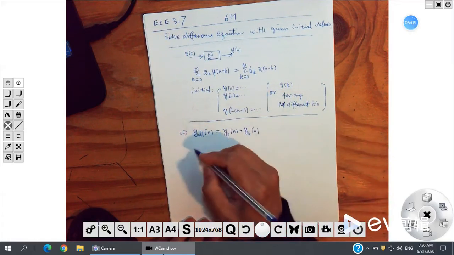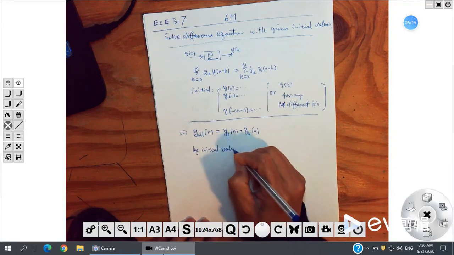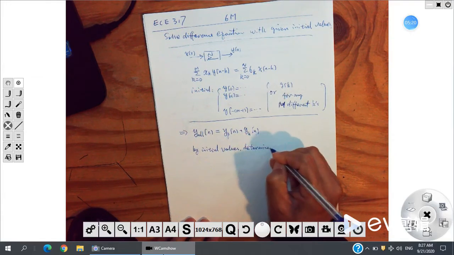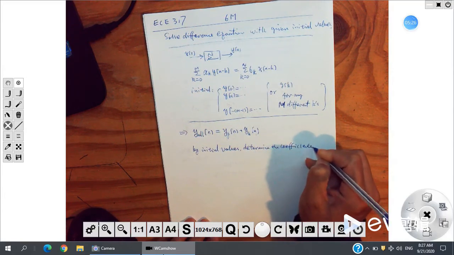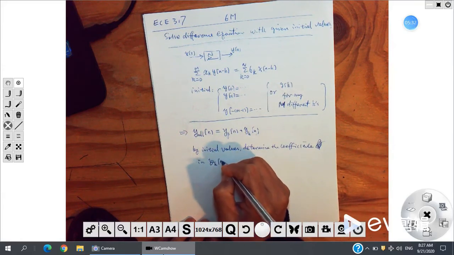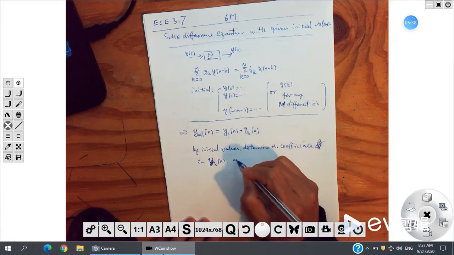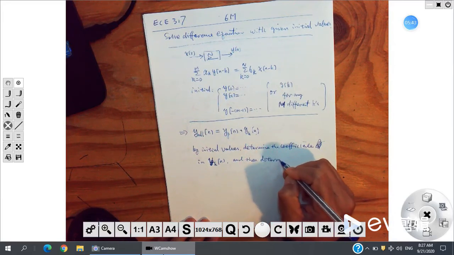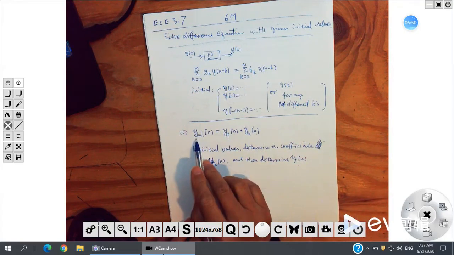And by the initial values, we determine the coefficients in y_h of n, and then determine y of n. y of n will be one of these y_r of n.